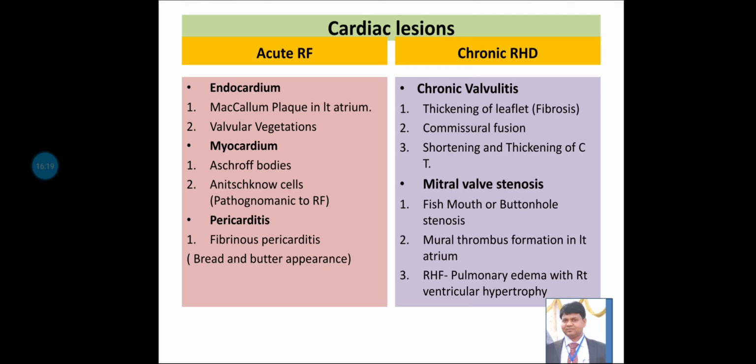Progressively these fibroses lead to mitral valve stenosis, in which we will see the fish mouth or buttonhole stenosis, mural thrombus formation in the left atrium, and right heart failure resulting in pulmonary edema with right ventricular hypertrophy. So these changes are seen in chronic rheumatic heart disease.